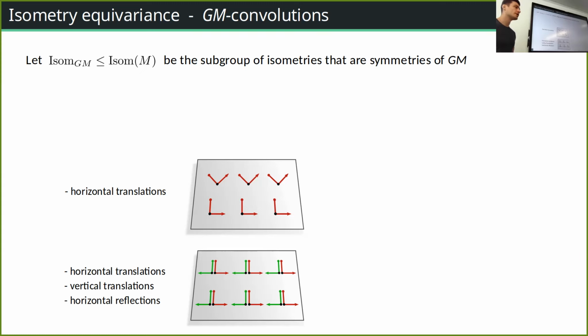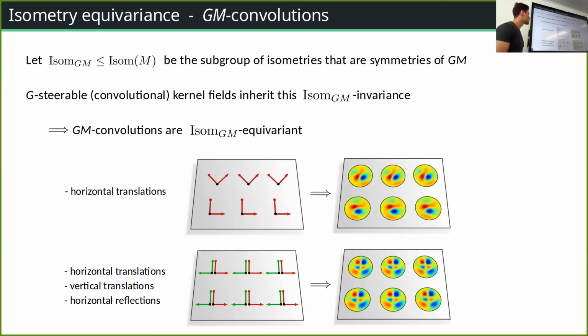And to understand now the equivariance properties of a convolution, the important thing to understand is that our G-steerable kernel field, so if we have a G-steerable kernel and share it relative to this G structure, will automatically be invariant under this group isom-GM, since it has just the symmetries of this G structure.